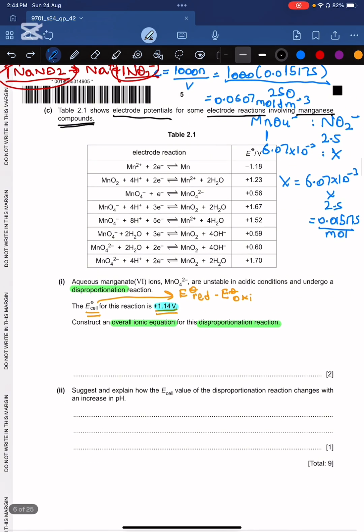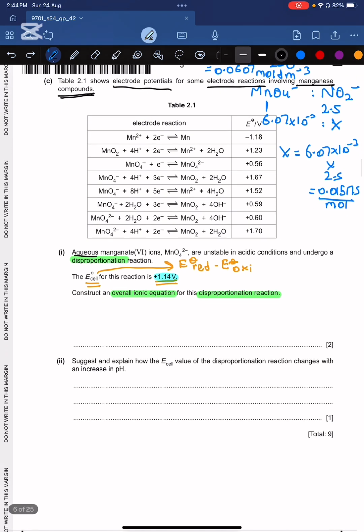I know the E naught of cell. I know that we are talking about aqueous manganate ions, which is MnO4 2 minus. And the most important thing, it's a disproportionation reaction, meaning understand what we are looking for. We are looking for two reactions.